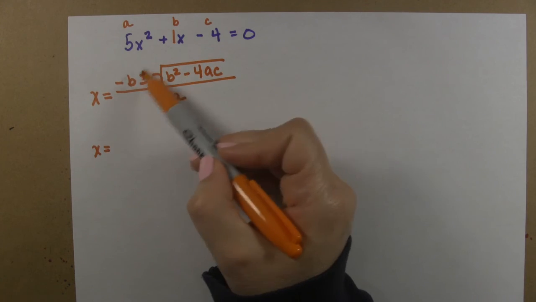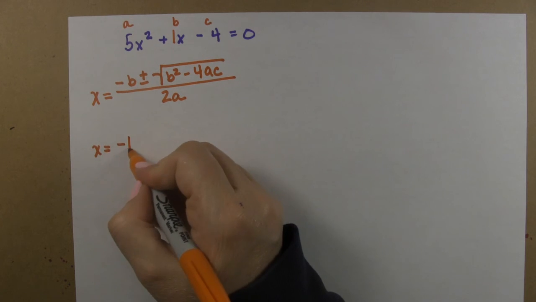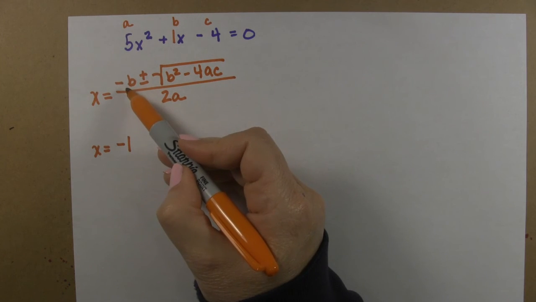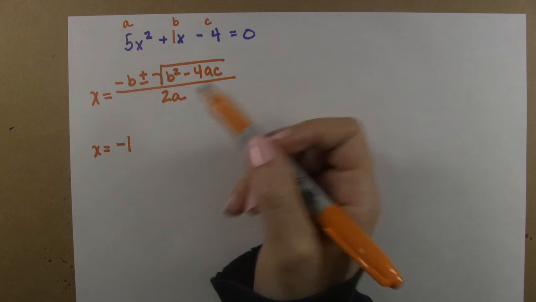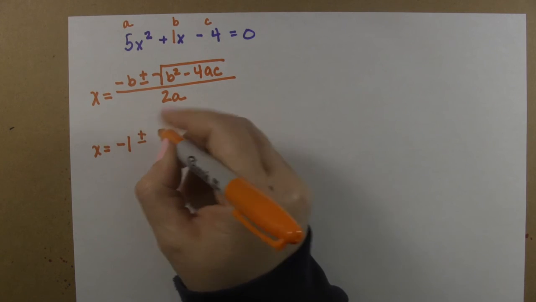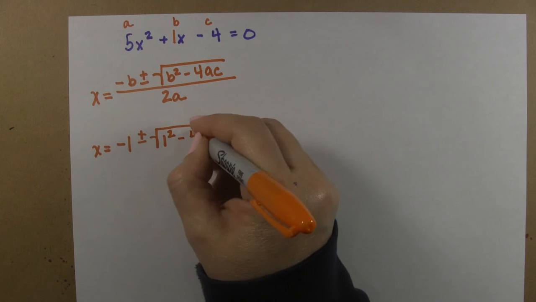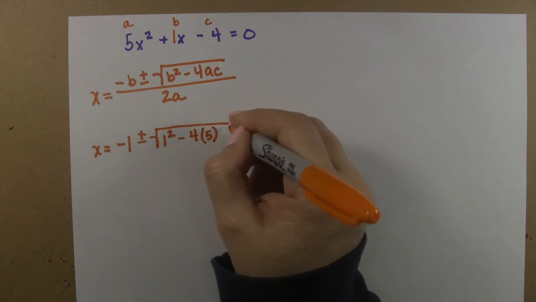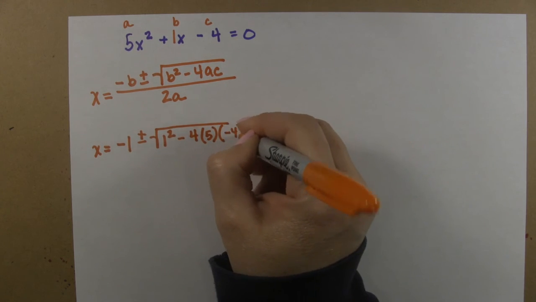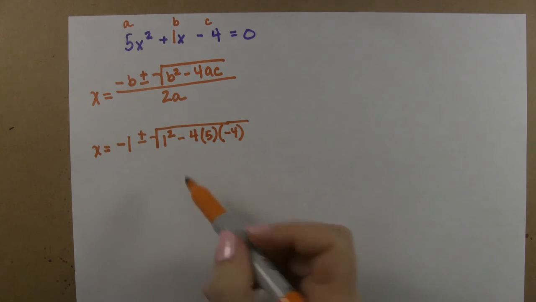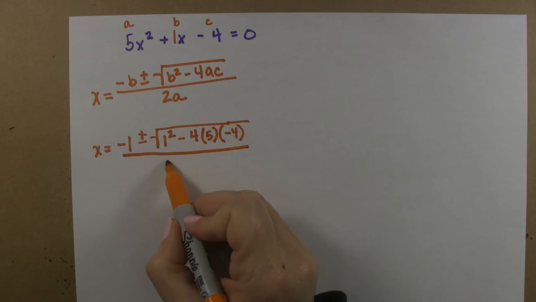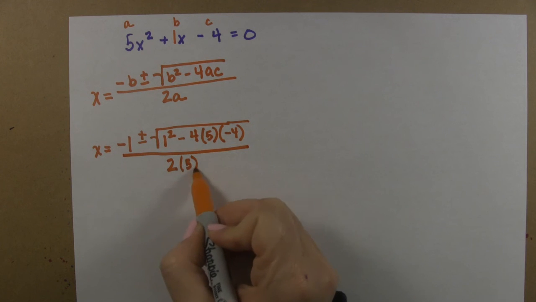B is 1, so negative b will be negative 1. See how you're just always flipping the sign of whatever that b is? Negative 1 plus or minus the square root of 1 squared minus 4 times 5 times negative 4, over 2 times 5.